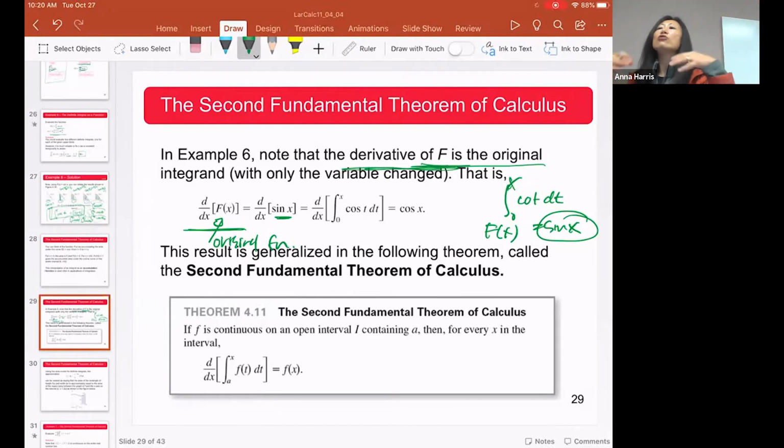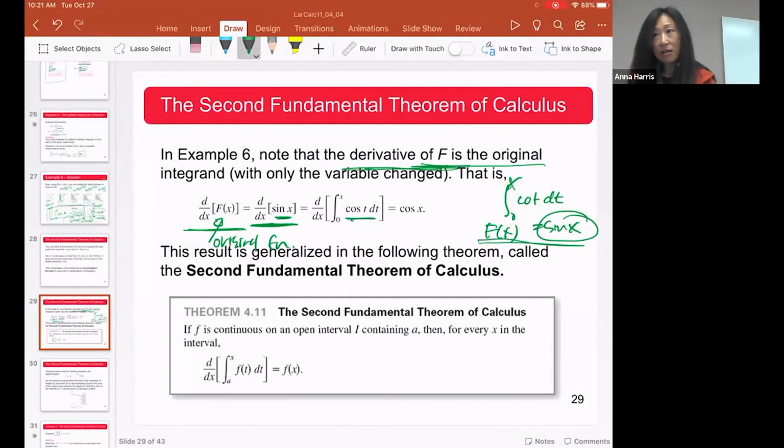So we introduce capital F to be the original function, the one where you take the integrand going up. My F of x, the given problem, is sine x. Yes, we got that. Now what we know is the derivative of sine x, which gives you what?